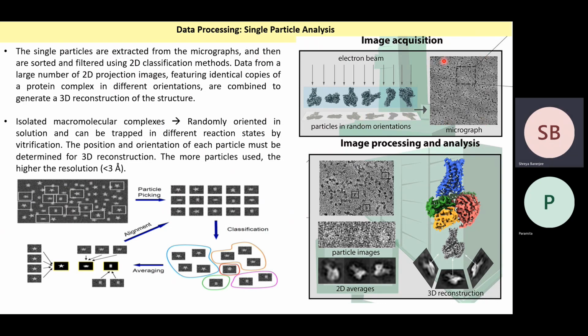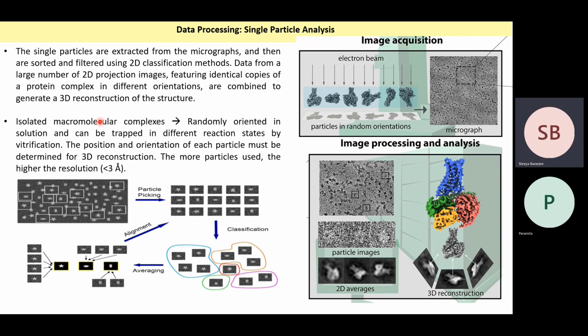That is forming your micrograph. In the micrograph, you will particularly pick those images which are clear and representative of the protein in different orientations, and that will form the 2D average image. And the different 2D images are put together to get a 3D reconstruction of the overall 3D structure of the protein.